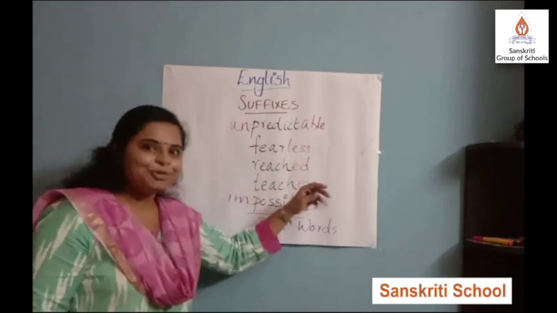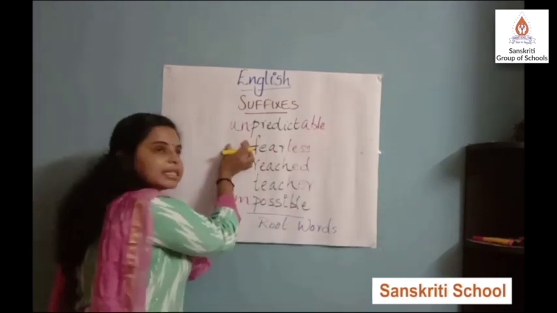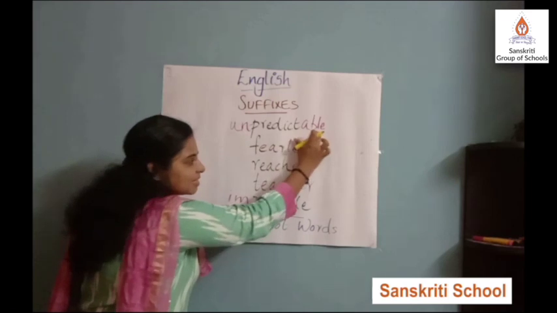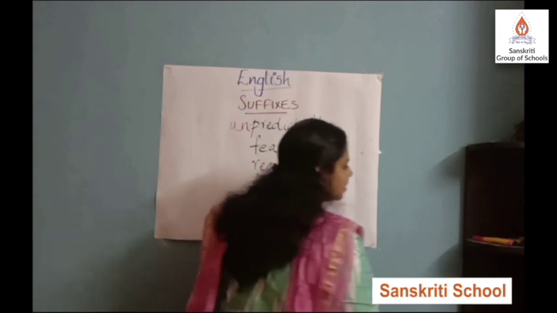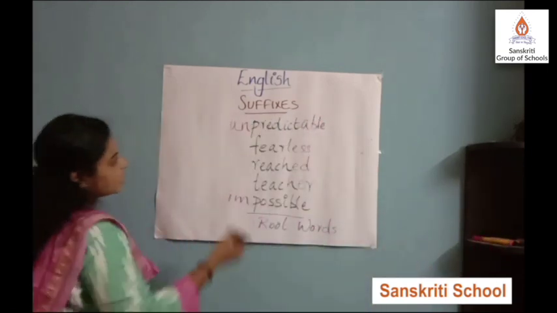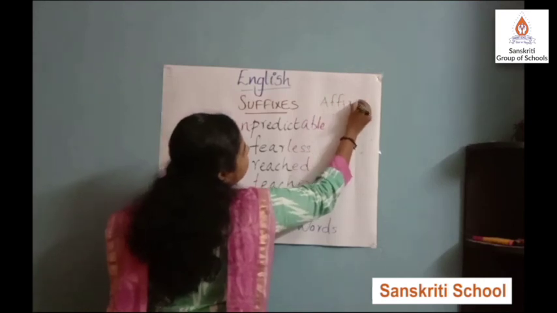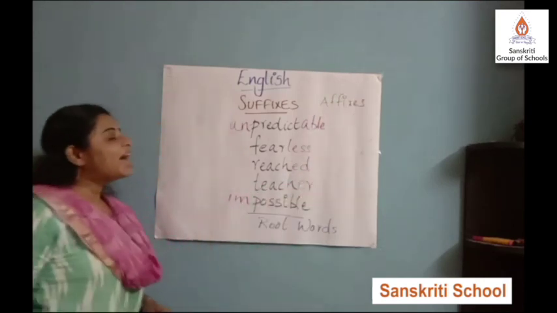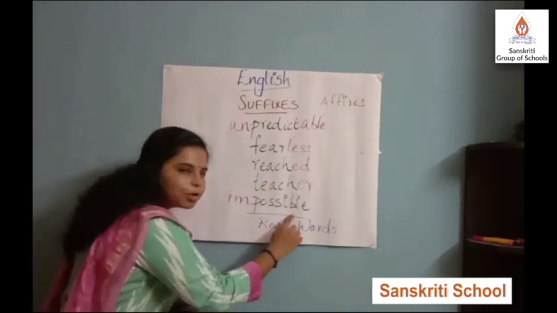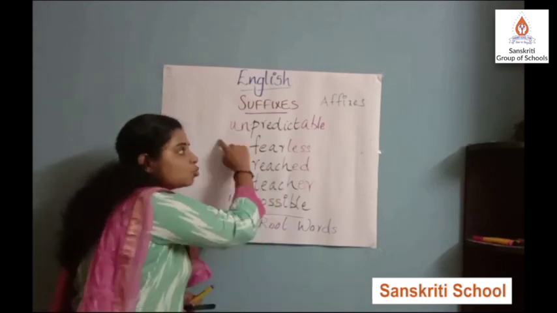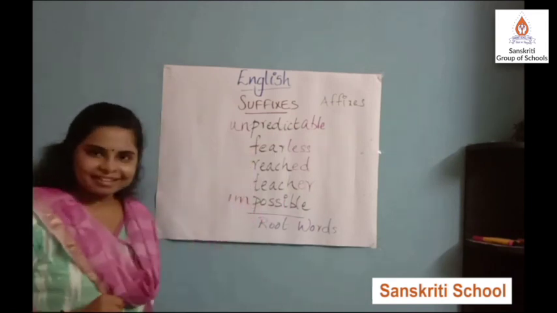And I have added letters at the end as well as in the beginning. These letters added at the end or in the beginning we can call affixes. What are they called? Affixes. So, root words are those words which can give rise to new words when letters are added at the end or in the beginning.